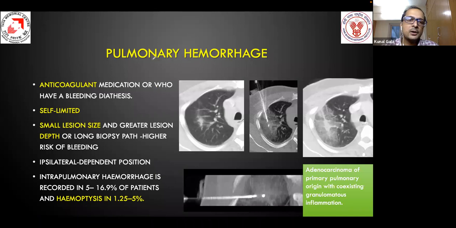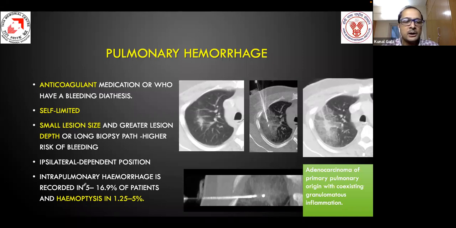Another complication which can occur is pulmonary hemorrhage. Pulmonary hemorrhage can occur when the patient is on anticoagulants, and it is generally self-limiting. When the lesion is smaller in size and the patient has a bleeding diathesis, that is when the patient can develop pulmonary hemorrhage, but most of them are self-limiting.